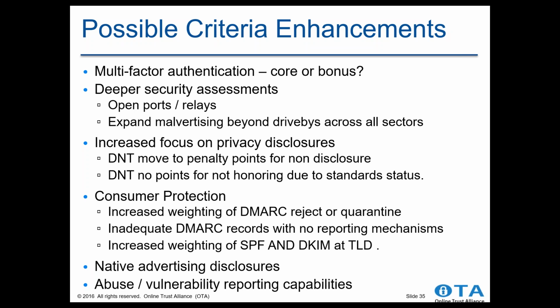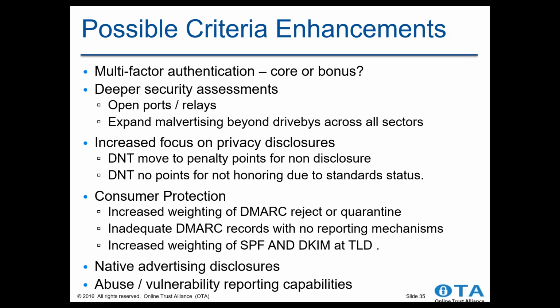We've mentioned a few of these areas. We are going to be looking at more open ports and relays, and advertising between multiple sites. I skipped over multi-factor authentication. That is going to be part of the requirements, whether it's core or bonus points. Do not track disclosures, again, we're seeing more weighting on that.